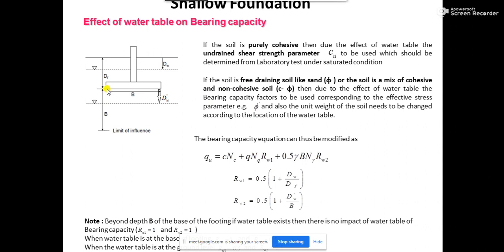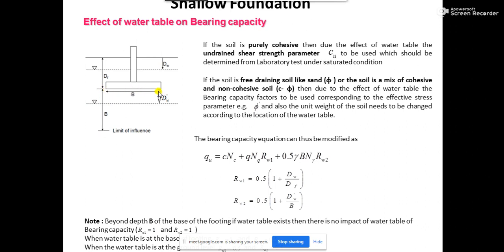So from the base of the footing, the influence zone, that means the amount of soil participating in the shear resistance, will be equal to B. What is this B? This B is nothing but the breadth of the footing.